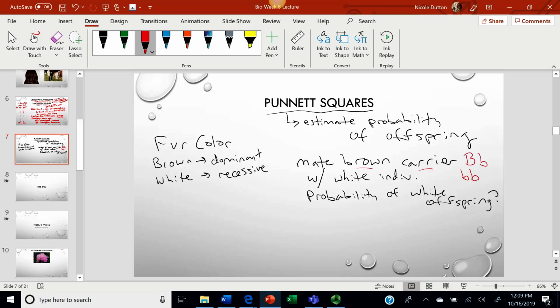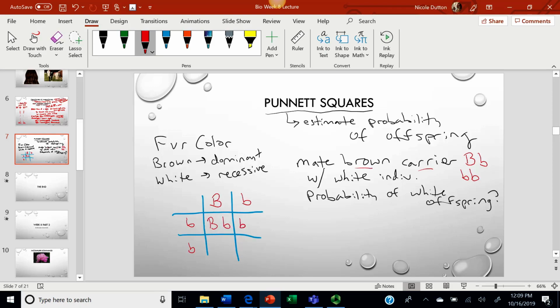So now we make a tic-tac-toe board. And we're going to separate the alleles of the parents here. So dad, if we assume that the first one is a male, can give either a big B or a little b, but mom can only give a little b or a little b. So now we're going to carry these in. We carry the big B down and the little b over.